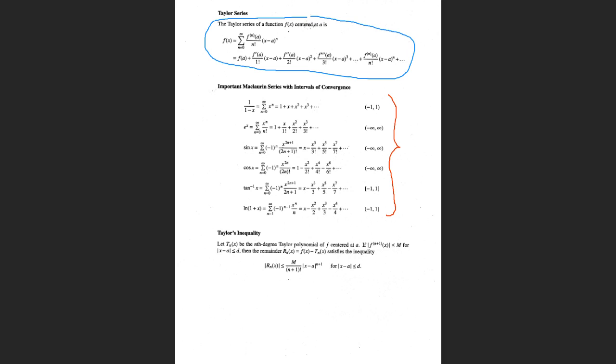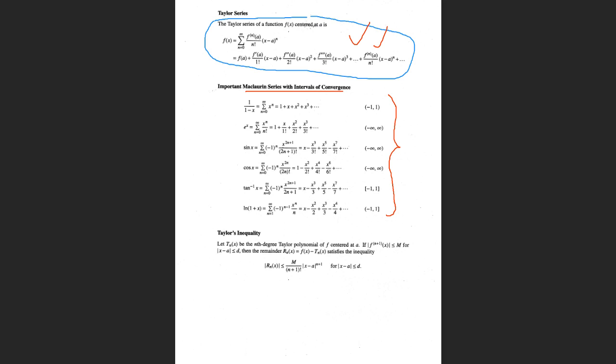Well, there's no Maclaurin series. I want to be a little careful here. Maclaurin series are series centered about a equals 0. We are talking about a Taylor series, a series centered about a equals 8. So none of these formulas apply, and we're going to have to use the Taylor series formula.